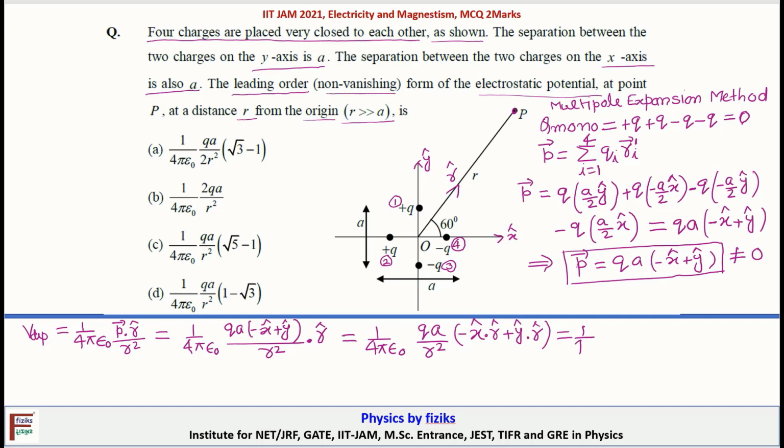So this we can write as 1 by 4 pi epsilon naught QA by r square. This is minus cos 60 degree, and this y cap dot r cap is plus sin 60 degree.